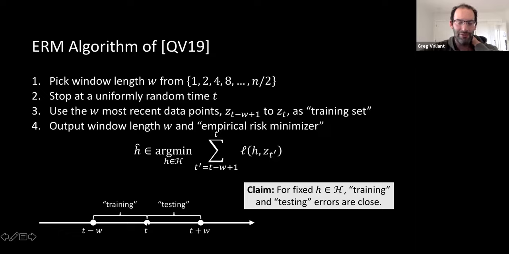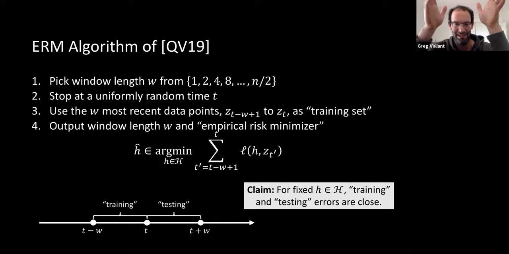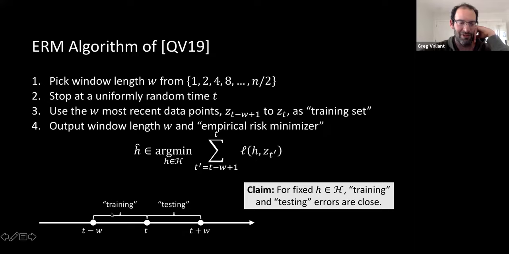Pick the time at which we're going to make our prediction uniformly between 1 and n minus W. And then just return the hypothesis, or the row, that has the largest average value over the training set, over the previous W entries of our window.